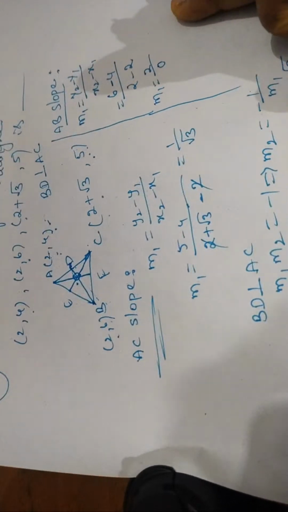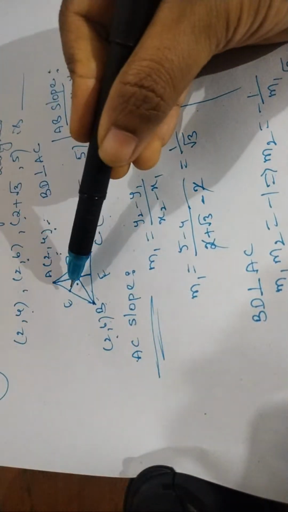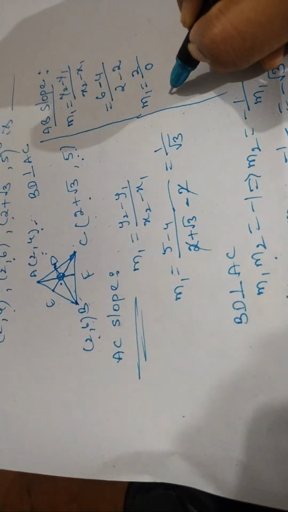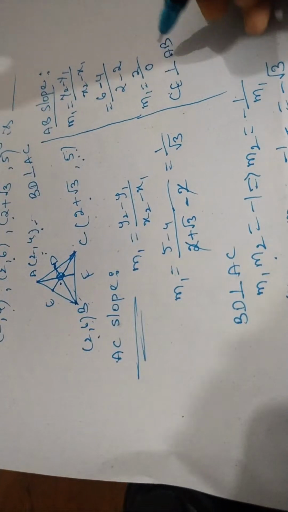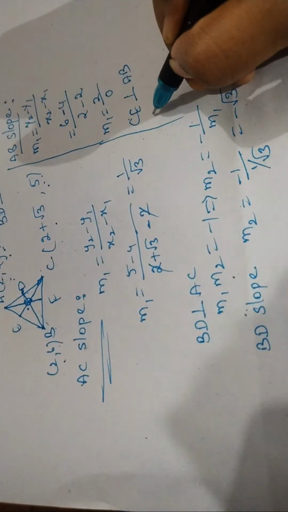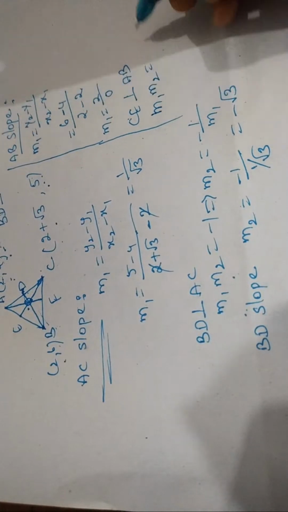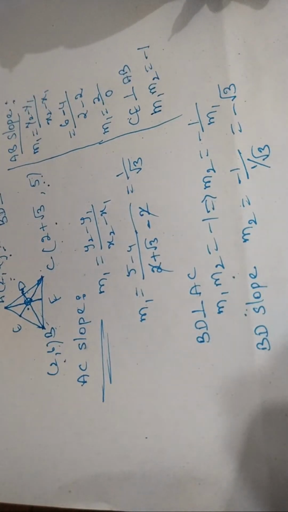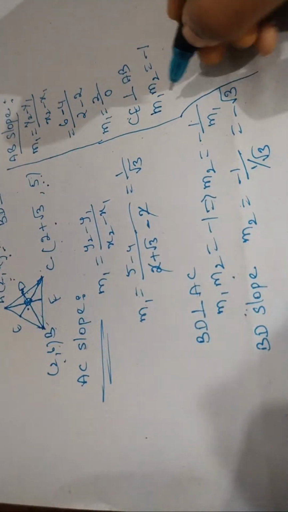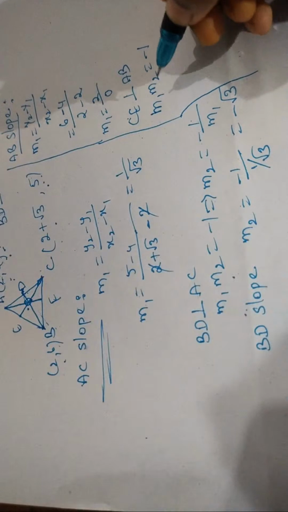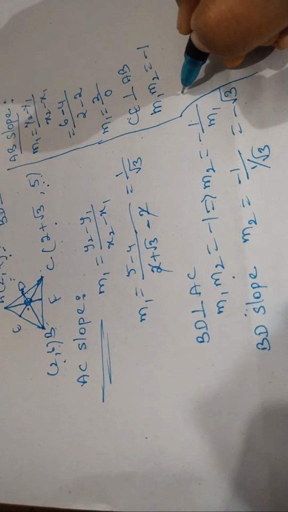Now we have the AB slope. Now we find the CE slope. Here, if we observe, CE is perpendicular to AB. What is the slope condition for the perpendicular case? M1 into M2 is equal to minus 1. Here we know M1, the AB slope, and we need to find M2, the CE slope.